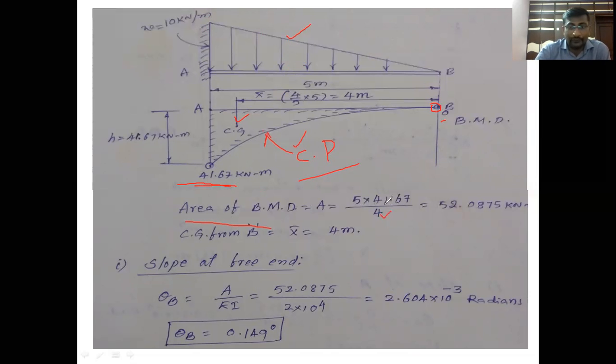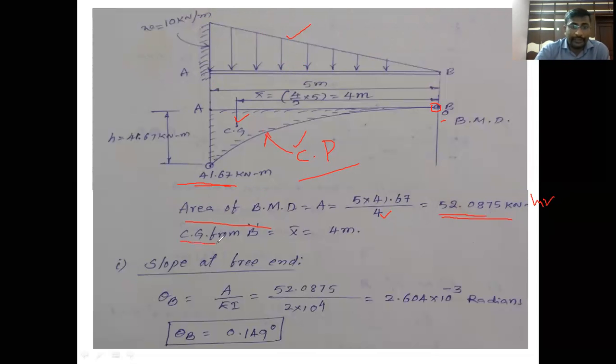So 5 into 41.67 by 4 is 52.0875 kilonewton meter square. This is the area of the bending moment diagram.